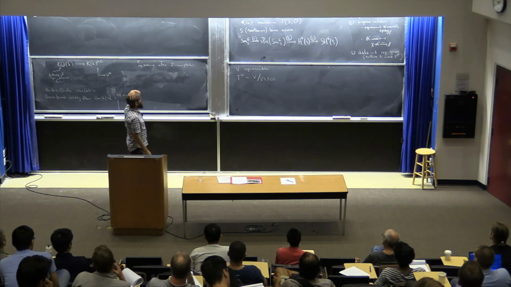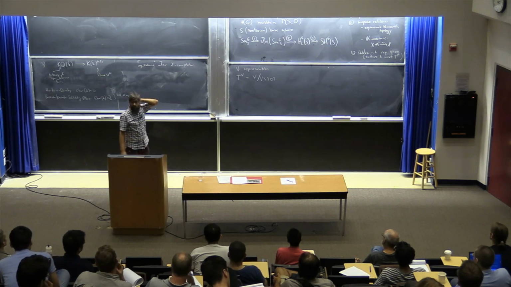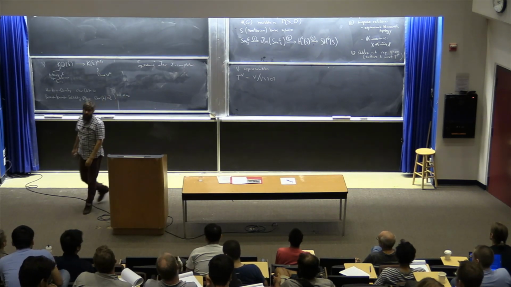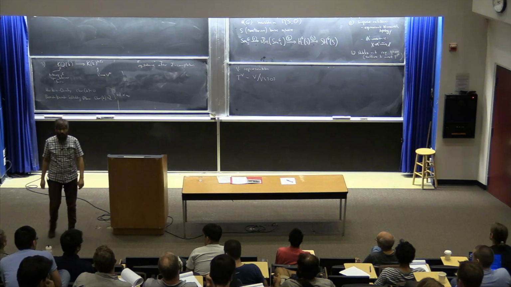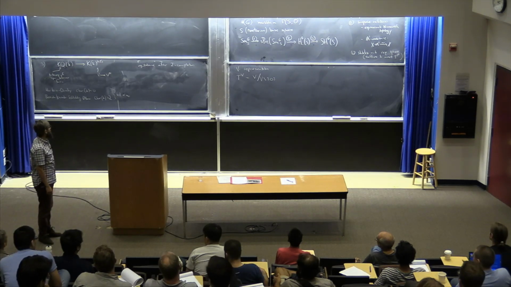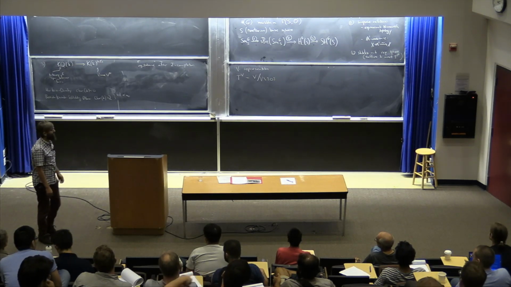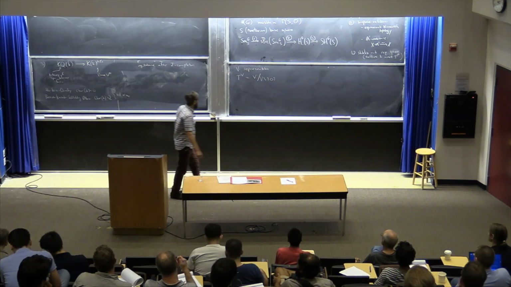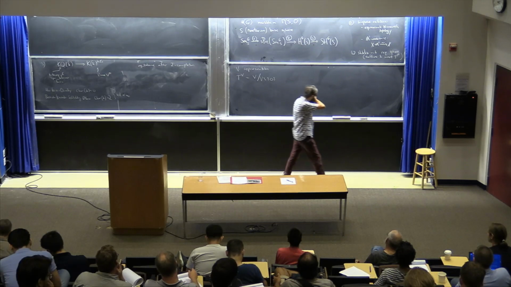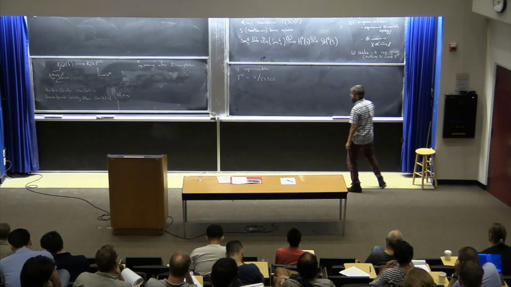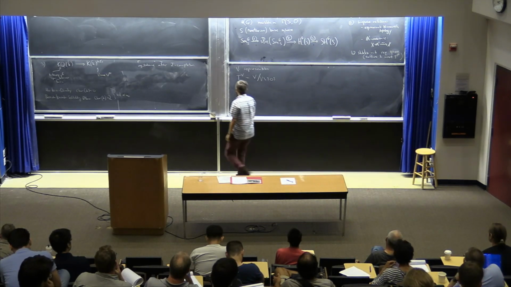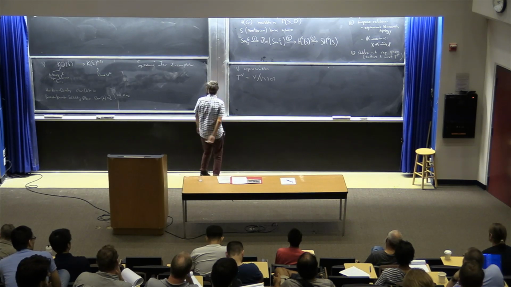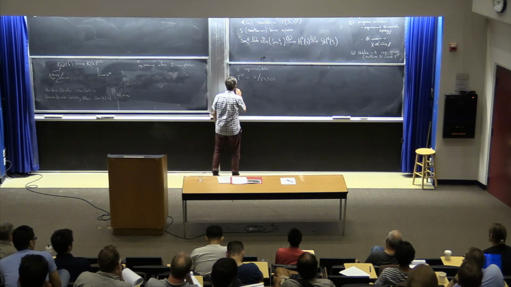A representation of G over S is a G-equivariant vector bundle over S. If S is the spectrum of a field, it's just a vector space with a linear action. Right, good.